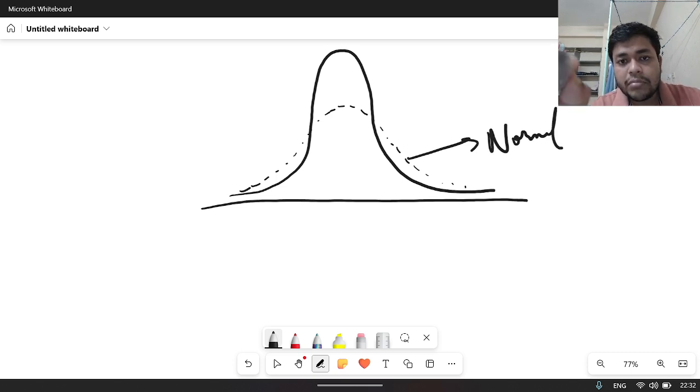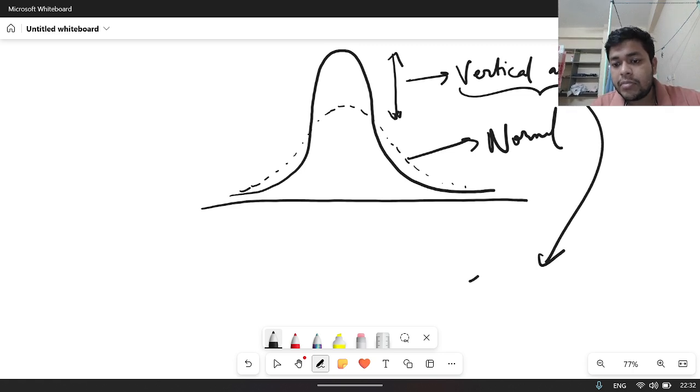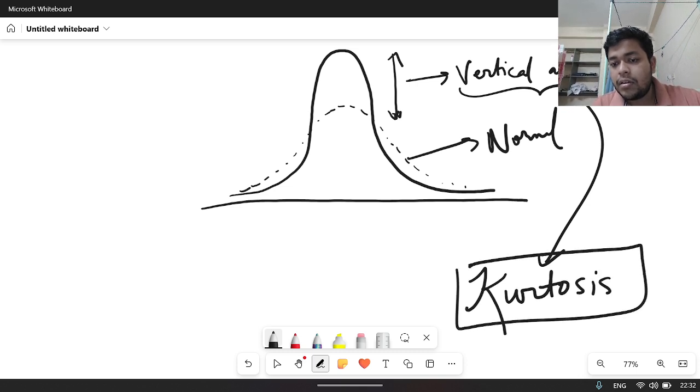So here you can see that from the normal distribution, this graph has been shifted vertically upwards. When there is vertical asymmetry, we call this term kurtosis. First was skewness. Skewness was horizontal asymmetry, and kurtosis is vertical asymmetry, up or down. So this region is vertical asymmetry.